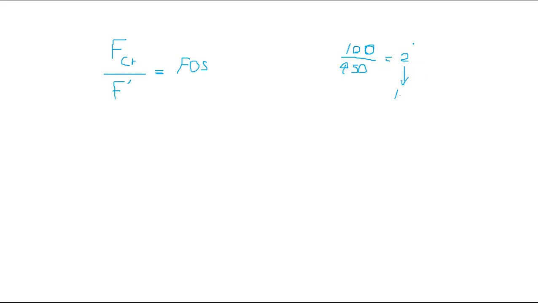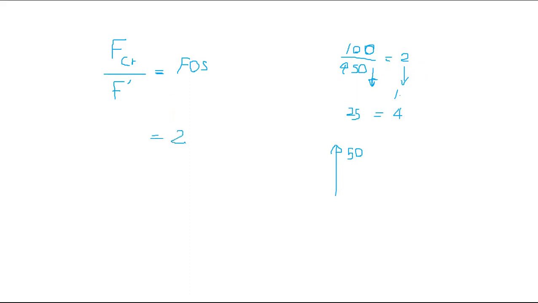We need a factor of safety of 2, so this can be lower than 50. If it is 25, you have a factor of safety of 4, so that means your working load can only reach 50 in this case. That's how we incorporate the factor of safety.